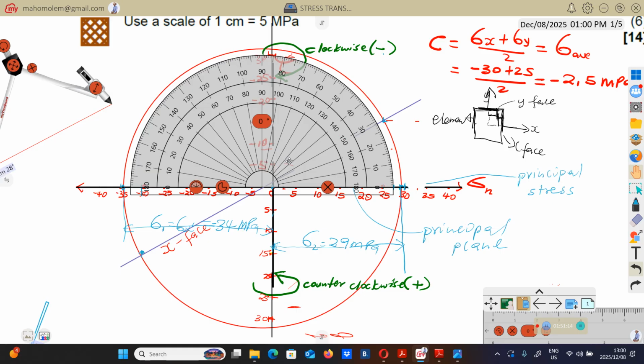You check the angle of this purple line, from here to there. It's about 28.9, or we can say 29, but it's about 28.8 or 9.